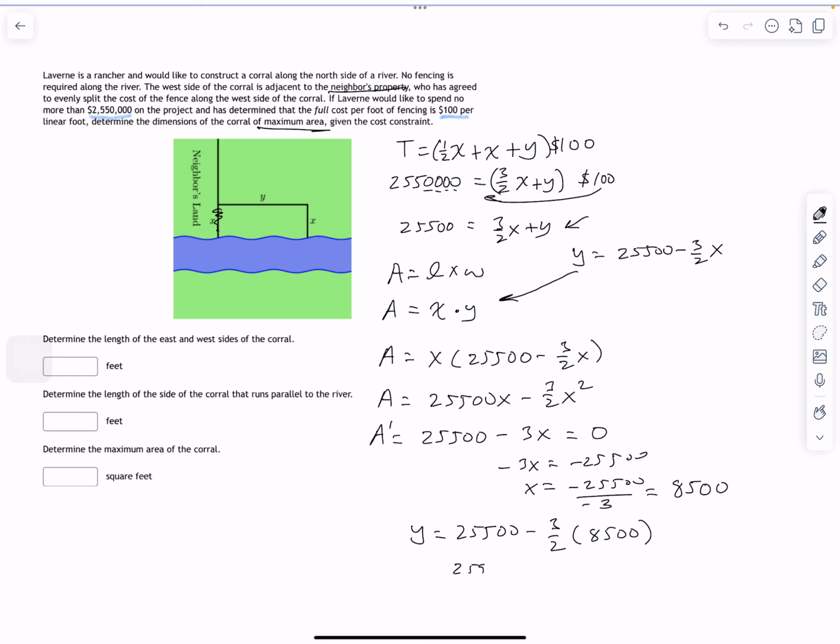Okay, 25,500 minus 3 times 4,250, and then we multiply that by 3. 25,500 minus 12,750, and if we subtract those together, y is equal to, wasn't that just half? 25,500 minus 12,750. Yeah, 12,750. That was half.